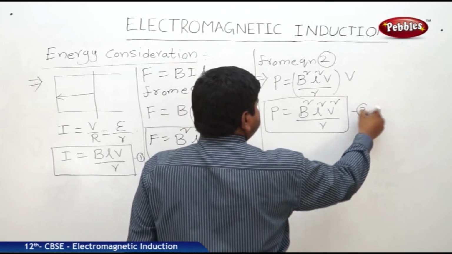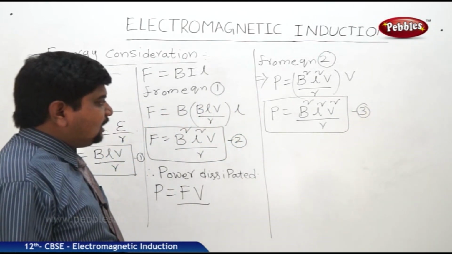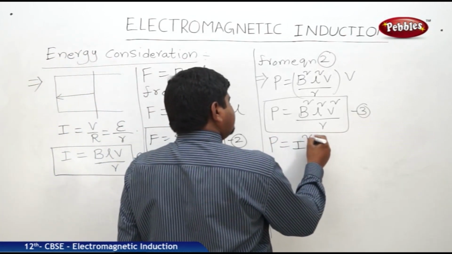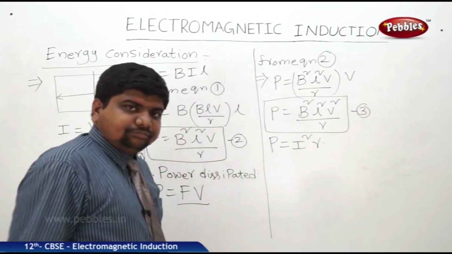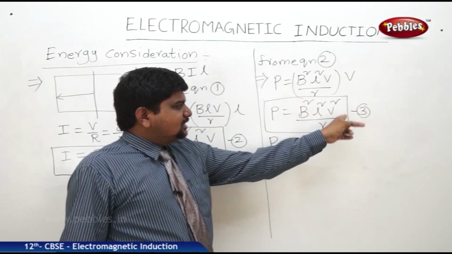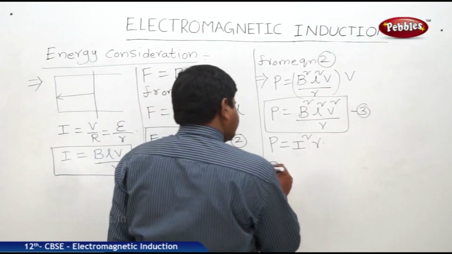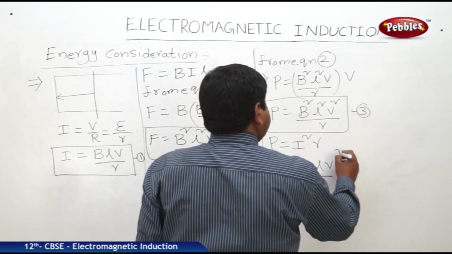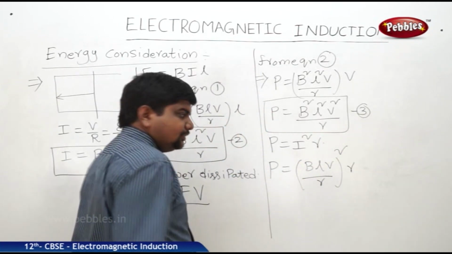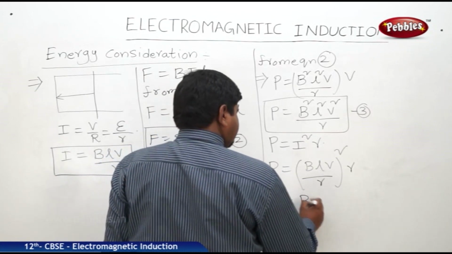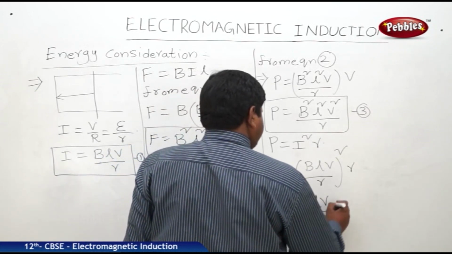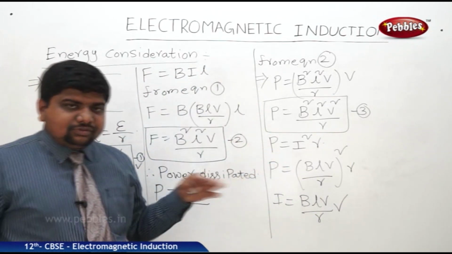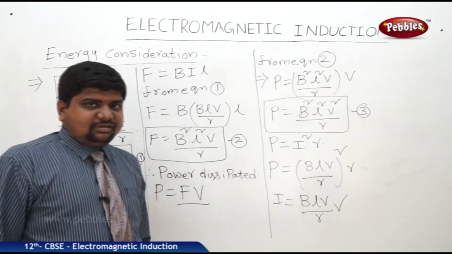This is equation 3. But we know that the power and the resistance are directly proportional to each other. That means power is equal to I square R. Now we should convert this whole to the I square into R. So power is equal to, we can write BLV by R whole square into R. Therefore I is equal to, again we are getting BLV by R. So in any way we are going to the conservation of the current.